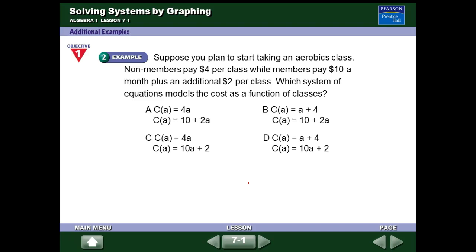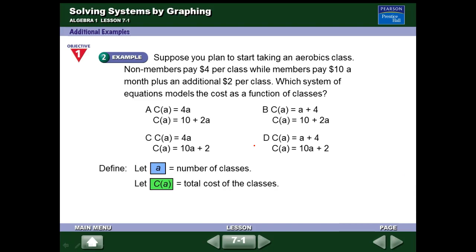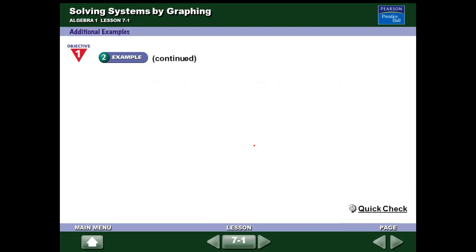So, which system of equations models the cost as a function of the class? Here, non-members pay $4 per class, while members pay $10 plus an additional $2 per class. So let's kind of go through here. If A was the number of classes, C was the total cost of the class.